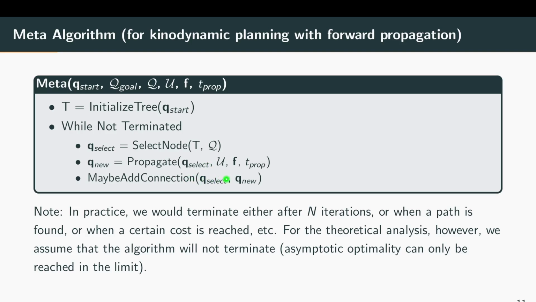And then if what we selected and the new state we reached were successful, then we can add the connection. Of course, this is an algorithm that only cares about the existence of the solution. There's no real cost notion here right now. So in practice, because of this probabilistic completeness property, we just would run it until we find a solution, or maybe after some finite number of iterations, we would just give up.